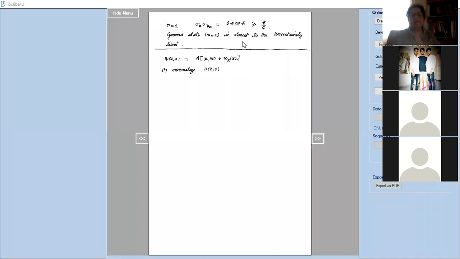And the first job, of course, is to normalize. And this, of course, I think everybody knows how to do it. So just let's go ahead and do it, please. Okay, your psi of, so go ahead.